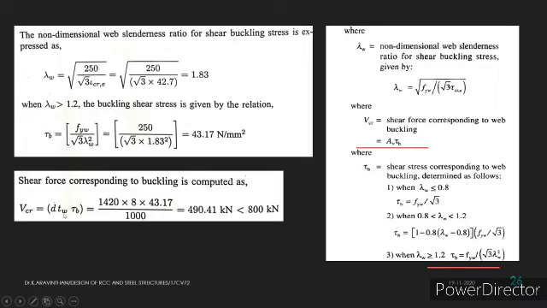Right now we are checking the web shear carrying capacity, and d by tw. We know d is 1420 and thickness of web is 8. So if you divide this by 1000, you will be getting in terms of kilonewton, 490.41.